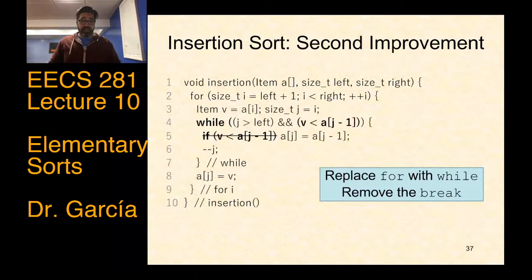Now, because we moved item V and the declaration of the counting variable J to outside of the for loop, we might as well make it into a while loop, and that way we can remove the break. We still need the if to identify the correct position where the element should be, but we can move that inside the conditional of the while loop.